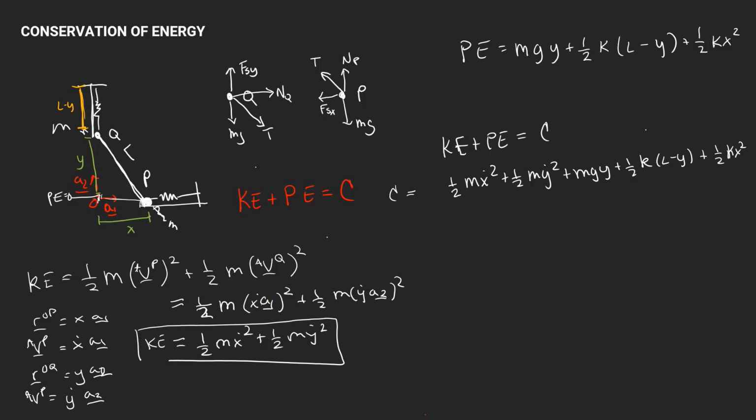And when we take the derivative, now I'm just going to write this here. We're going to take the derivative of both sides, so d/dt and then d/dt.